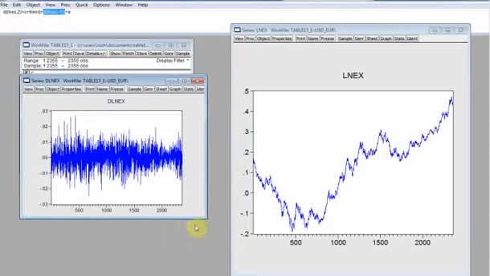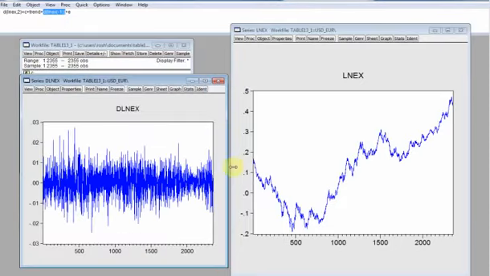Okay, now as you can see, the level variable in first difference becomes stationary. In other words, the mean of this data generating process is actually 0. So if you put a line across here, the values go up and down that line.